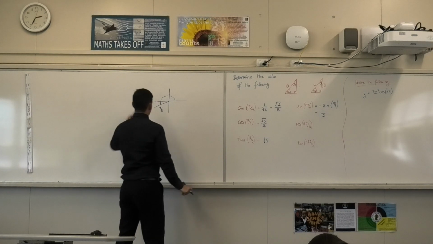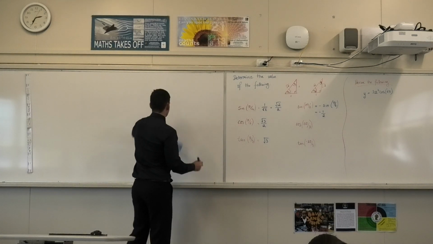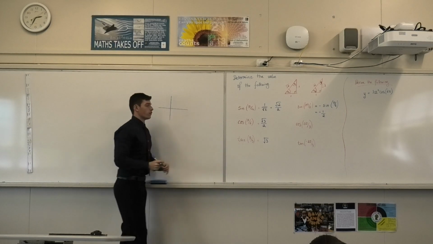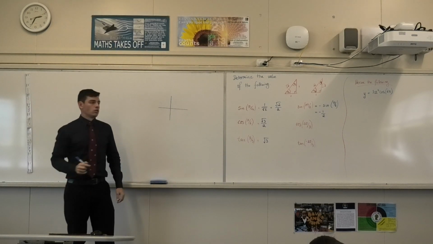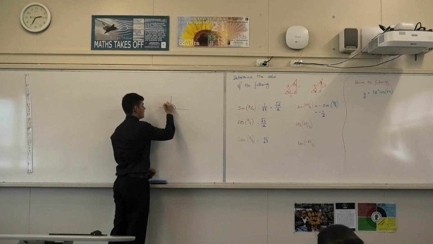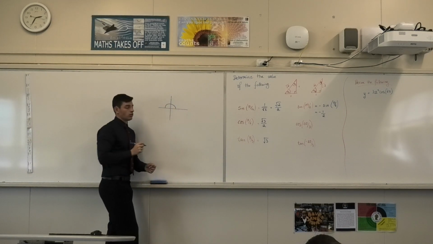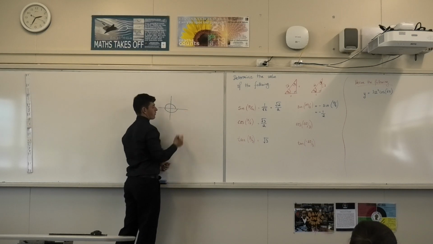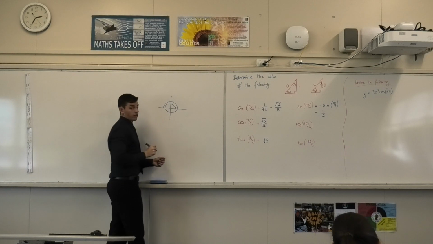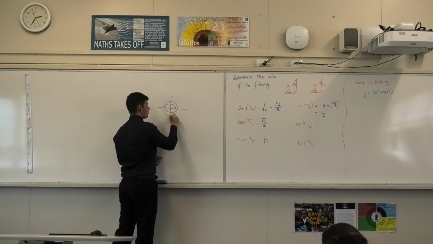Question 5. Same process. I ask myself, 13 pi on 3. I can break this up into pi segments. This is 3 pi on 3, correct? 6 pi on 3. 9 pi on 3. 12 pi on 3.